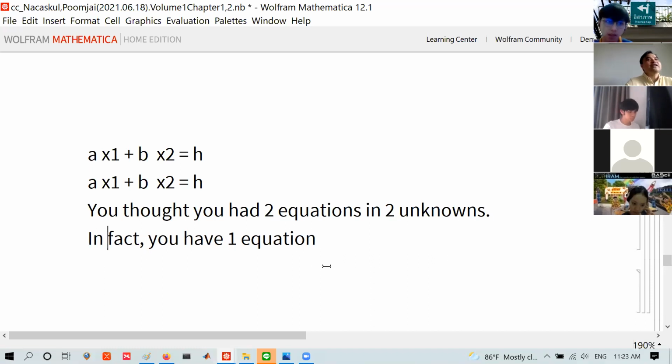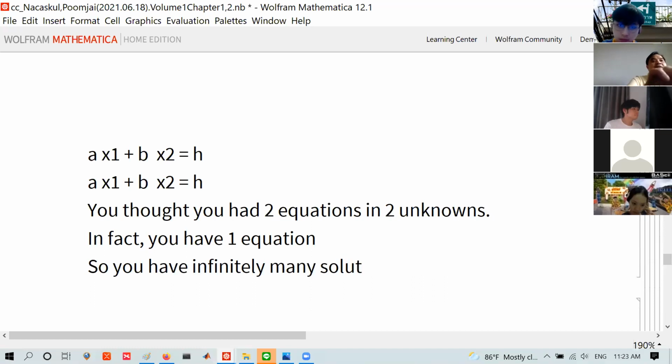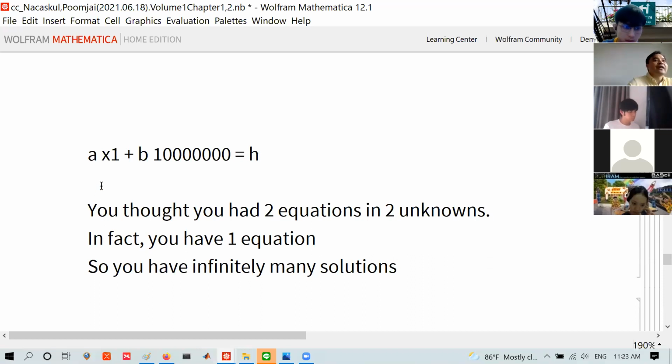So if you have 1 equation in 2 unknowns, you have infinitely many solutions, right? Because if this were the case, you can set x2 to be anything. x2 can be 1,000, okay? And x1 will be equal to h1 minus this, and the whole thing divided by a. Correct?